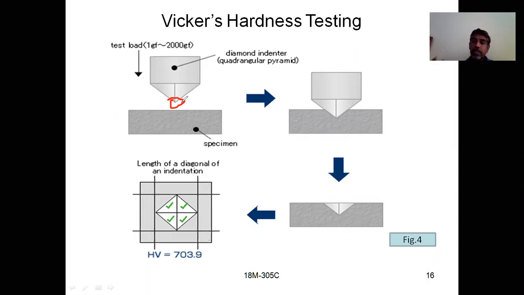Those faces are joined at a single point. Because of this single point, we can use it for small cross-sectional area materials. This is the area of cross-section here, and you can have this much area of cross-section also. That's why we can use this indenter for very small cross-sections also.